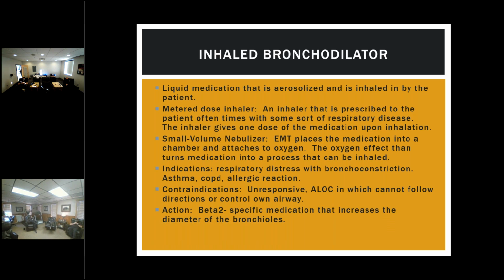Our contraindications also include hypersensitivity or allergic reaction, and anytime that the heart rate is above 160, do not utilize this, because it acts on the beta-2 receptors, and that's going to increase the heart rate.